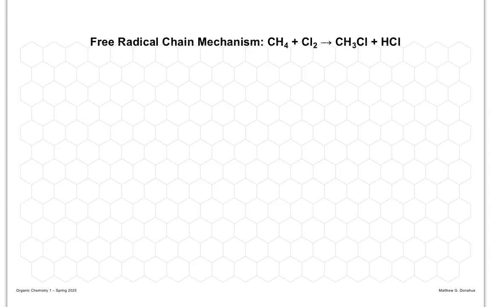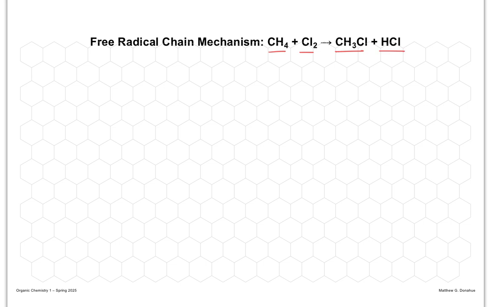So we're going to start by looking at the mechanism of the reaction of methane plus chlorine doing a CH substitution to make chloromethane and HCl.